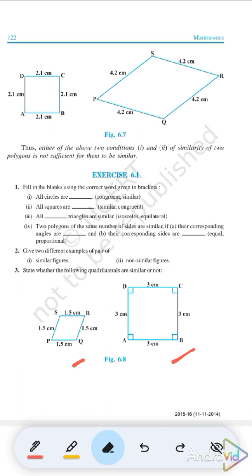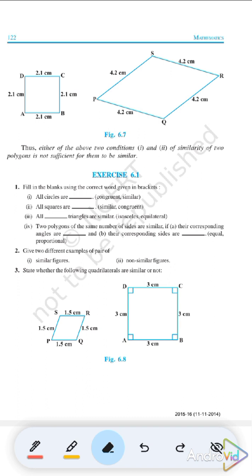If we see here very well, we can say that their angles are not at all equal, because in the case of a square, all the sides form a 90 degree right angle, whereas in a rhombus it is not so. So hence angles are not equal. We can say directly that both these quadrilaterals are not similar.